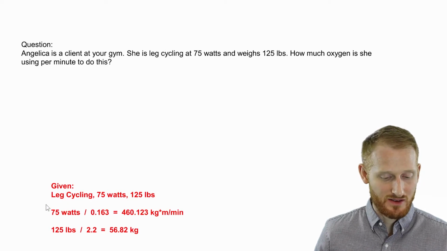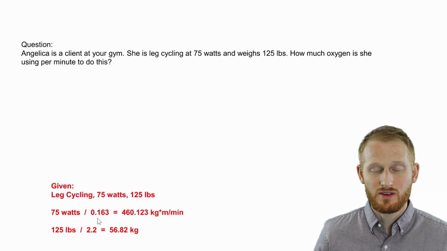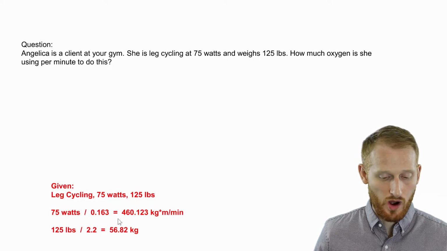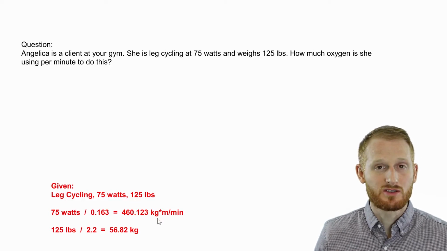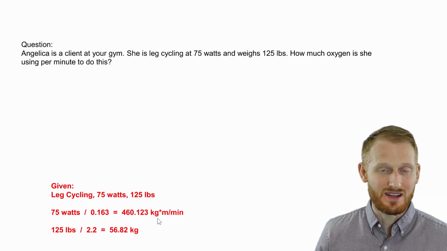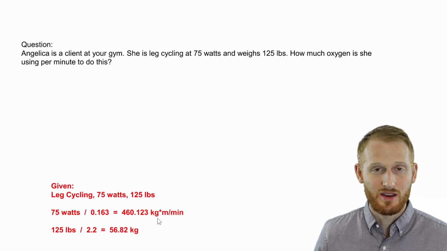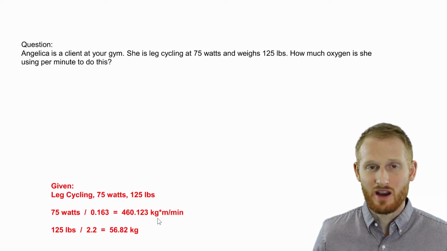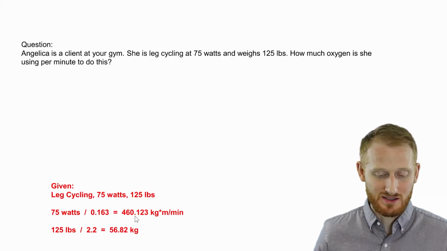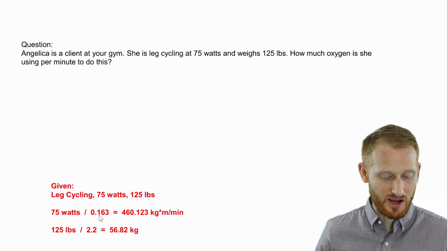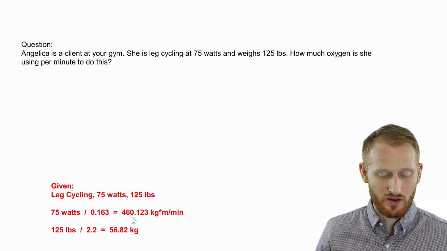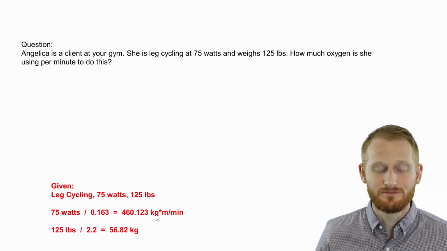Let's take the 75 watts, divide that by 0.163, which is the conversion factor from watts to kilogram meters per minute, which is the units for the work rate that we need in order to use the ACSM calculations, because that's what it's based on. So 75 divided by 0.163 gives us 460.123 kilogram meters per minute.